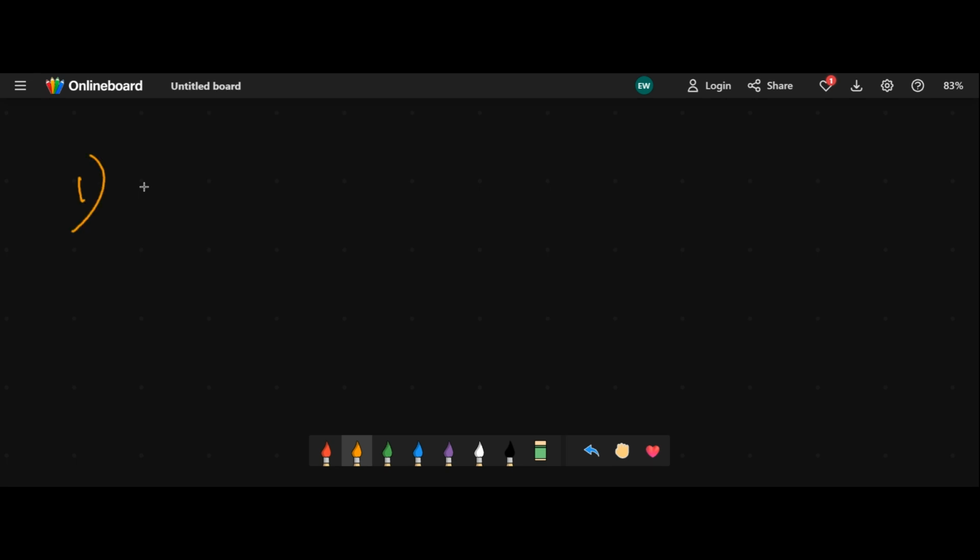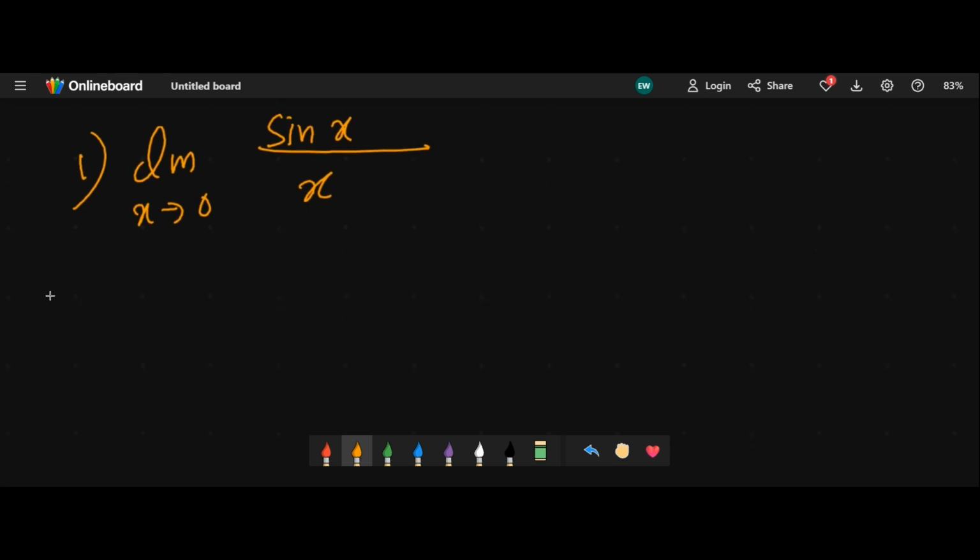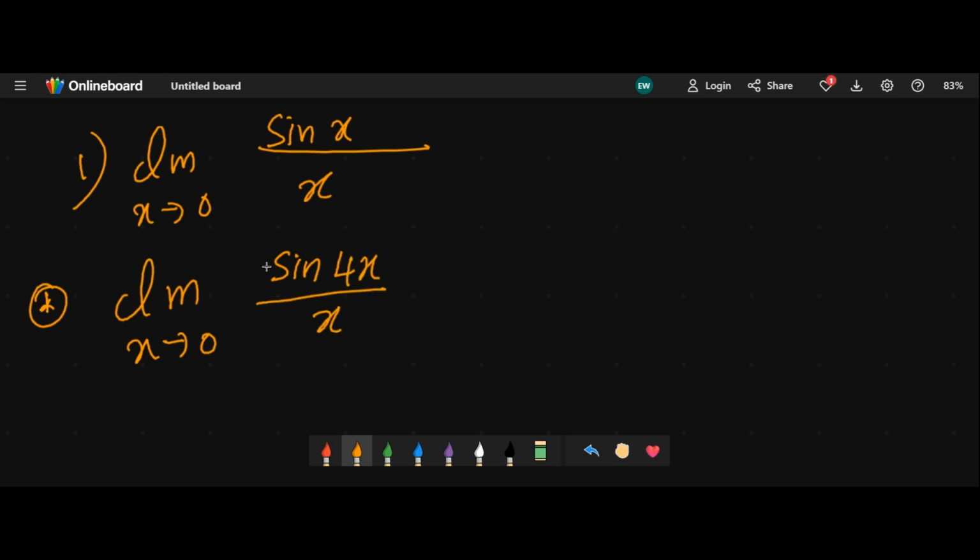What is the first rule? Limit x approaches 0 of sin x divided by x. There can be two types of questions they may ask you in the exam. The first type is like this: limit x tends to 0 of sin 4x divided by x. They can ask what the answer of this is.